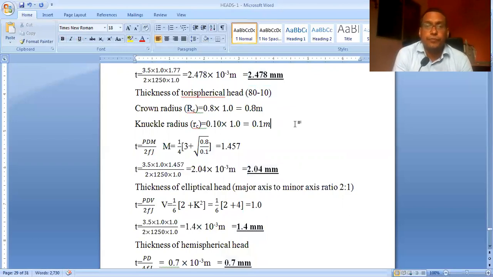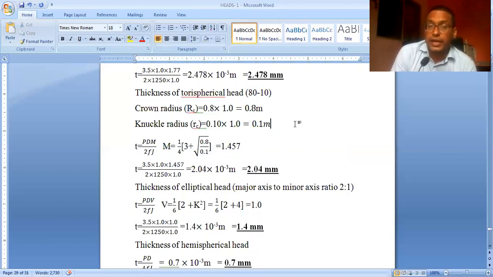That means as you are changing from torispherical head to the elliptical head to the hemispherical head, your thickness decreases. Now when you compare the elliptical head and the hemispherical head, it is exactly half, because in this case the value of V is 1 for the major axis to the minor axis ratio of 2:1.